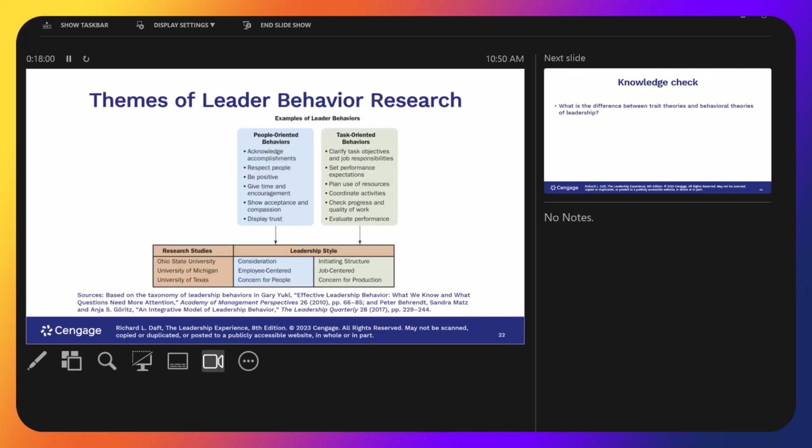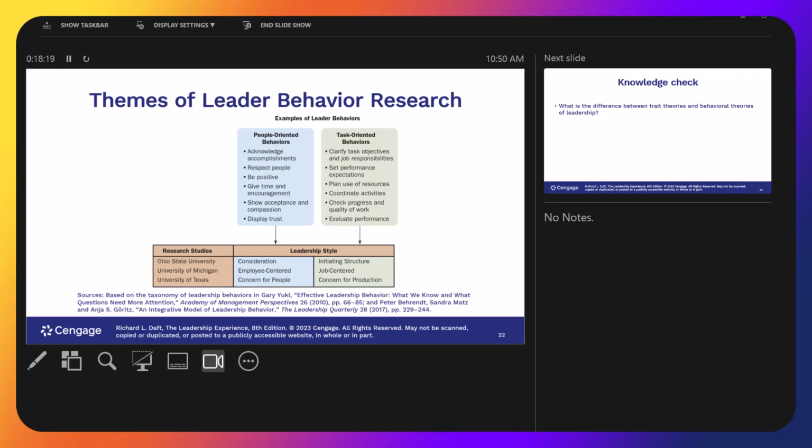Themes of leader behavior research. So let's look at these examples of leader behaviors. People-oriented behaviors: acknowledge accomplishments, respect people, be positive, give time and encouragement, show acceptance and compassion, display trust.